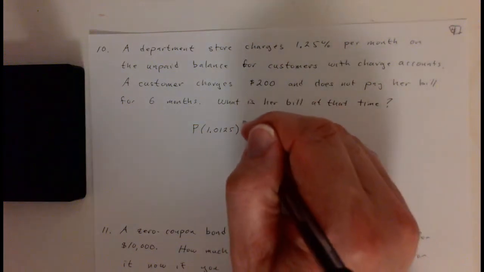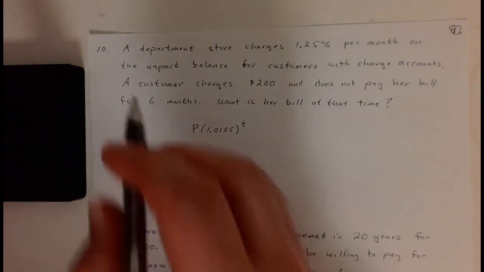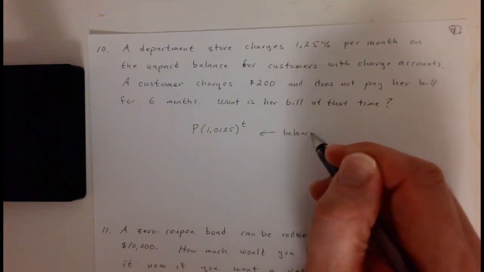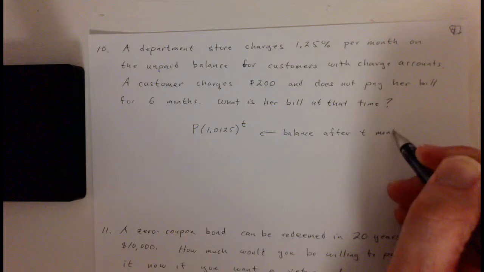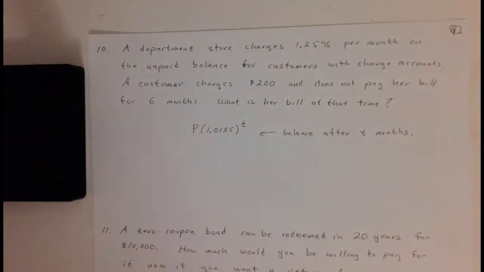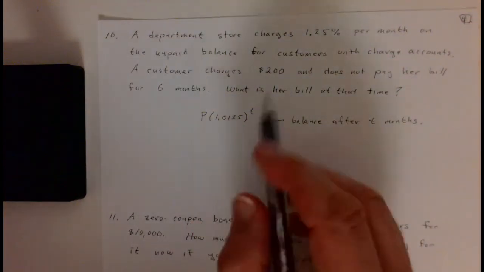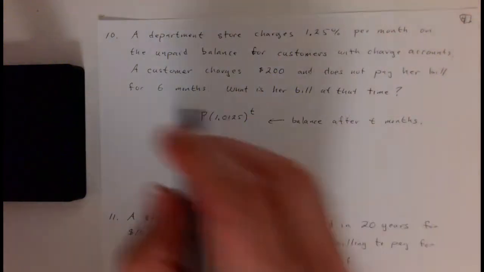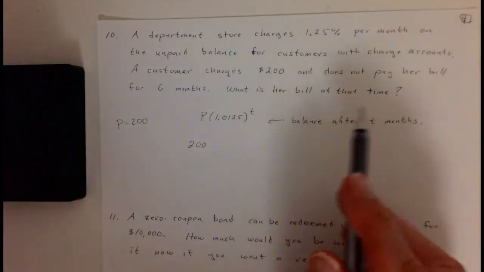Okay, so the formula for this unique case is our balance, this is our balance after T months. Again, P is 200 in this case, and T is 6.